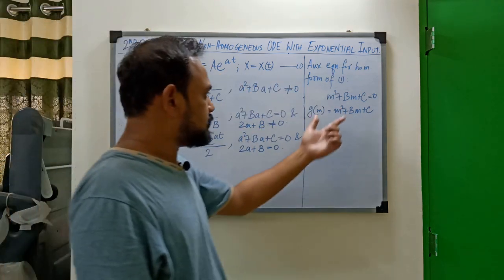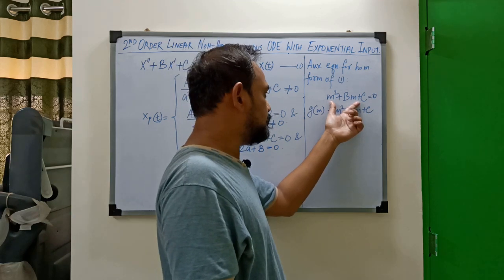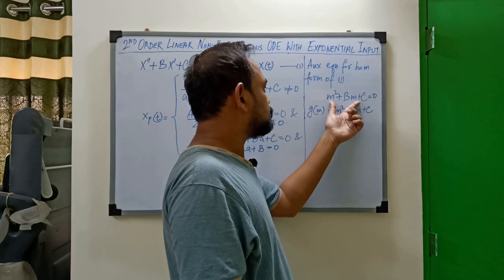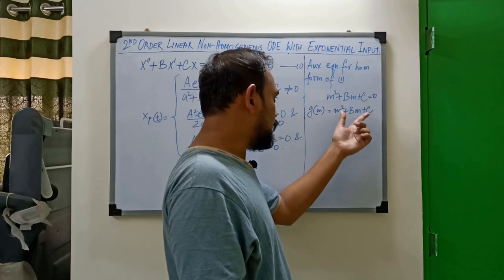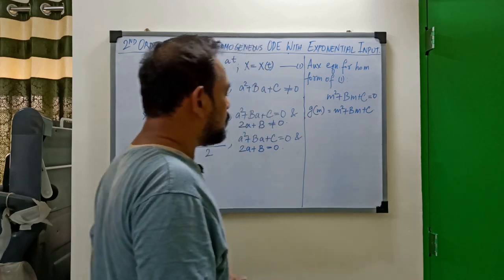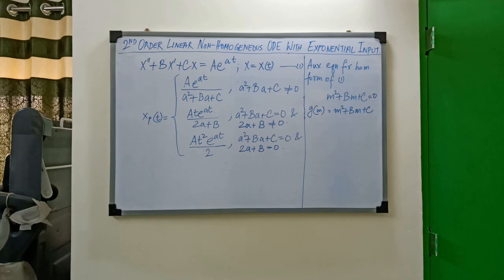Now, I want to write this left-hand side, which is a function of m, the unknown variable. It's a quadratic equation, a polynomial of degree 2. I want to write that as some function g of this variable m.